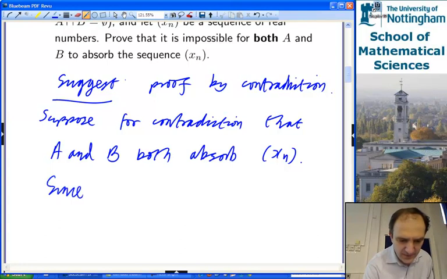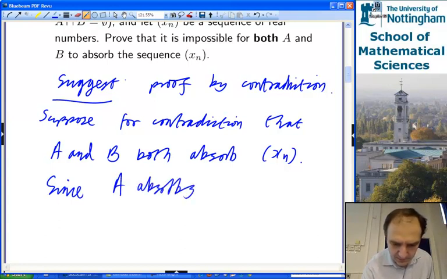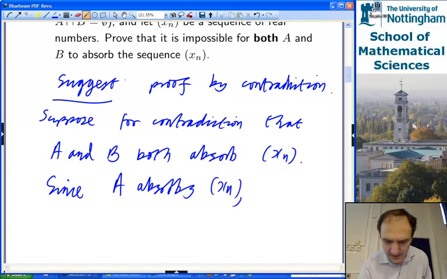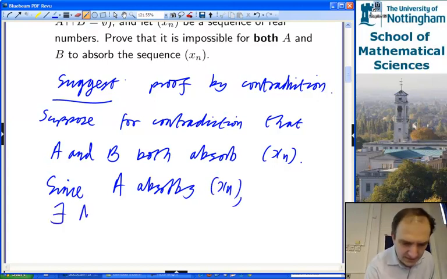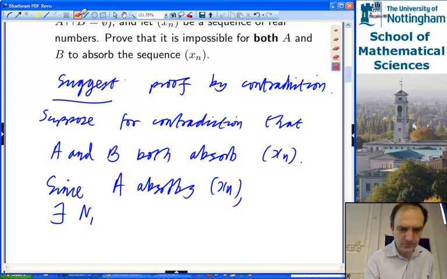Well, since A absorbs xn, there's an N1. I'm going to need different integers, different stages, for each set, at first at least. So there's an N1 that works for A, that's a natural number.